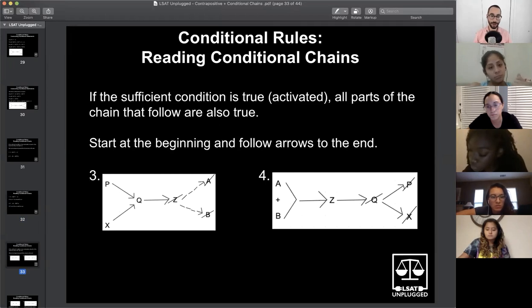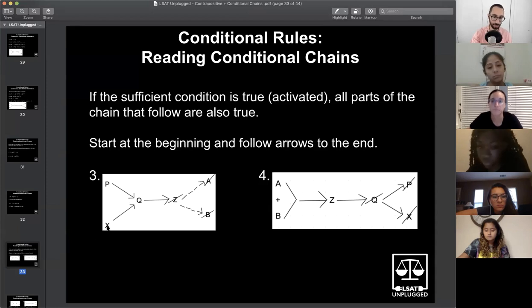Now, once again, we have both of them side by side, following them along. If P was in, Q is in, Z is out, at least one of A or B is also out, and maybe both, because or is inclusive. But we have to note the or, because one of those alone being out would be enough to satisfy the rule. So you could have P in, A out, and B in.